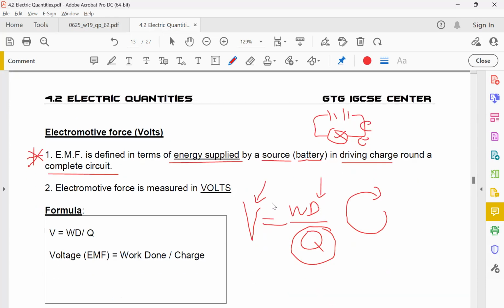So if you can remember this formula, I've seen this question come up multiple times. They'll ask you to define what is electromotive force. And a lot of students, they will just blank out. And it's worth 2 marks, by the way. You're supposed to remember this. Electromotive force is the work done or energy needed to drive 1 coulomb of charge around the circuit.